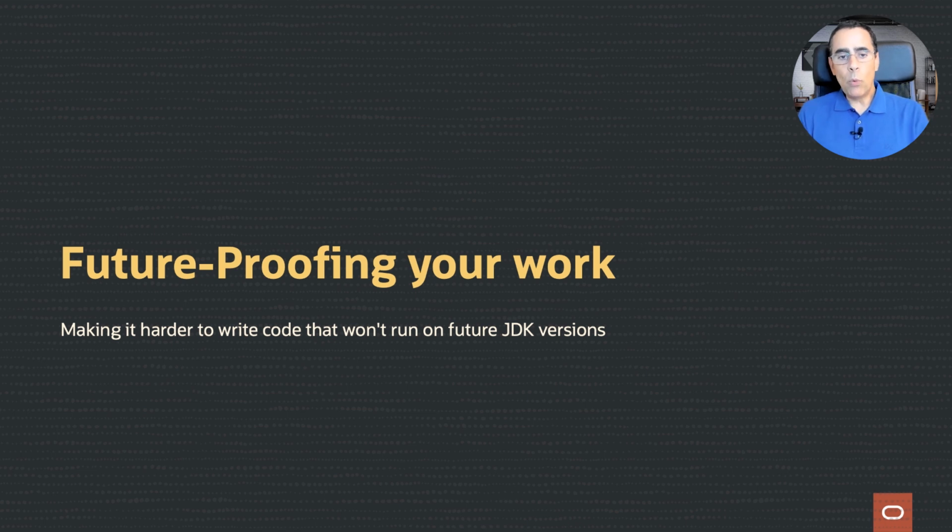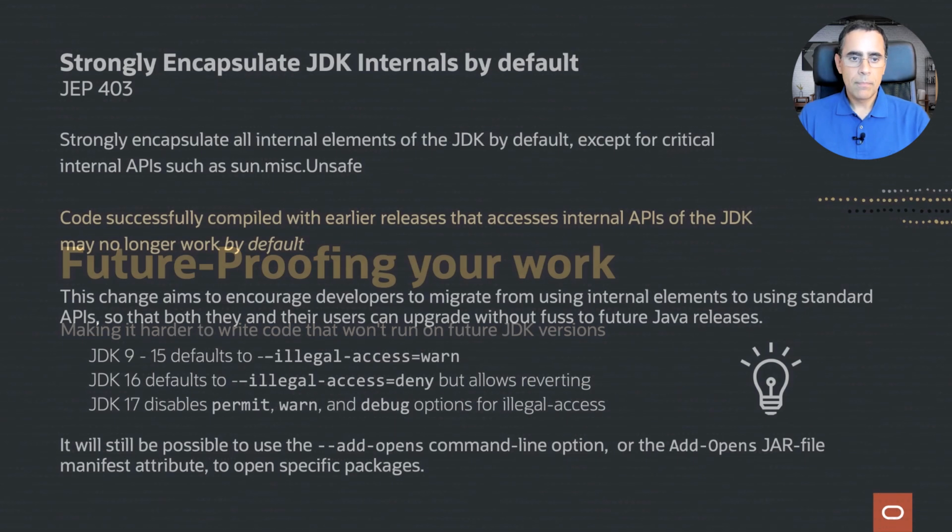Moving a platform forward is not only about adding new features. It is also about making sure that programs behave correctly and are not doing anything that will make it harder to uptake future versions of Java.